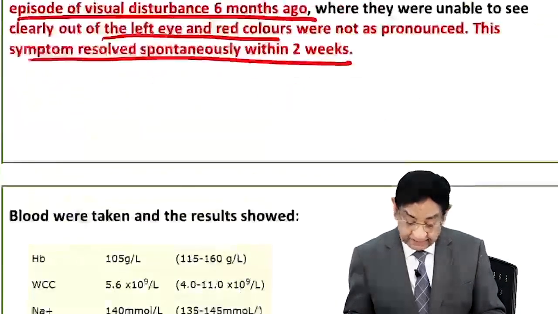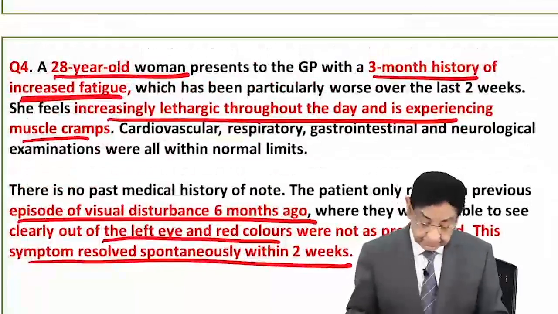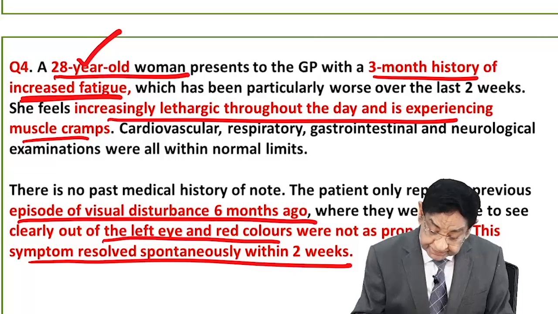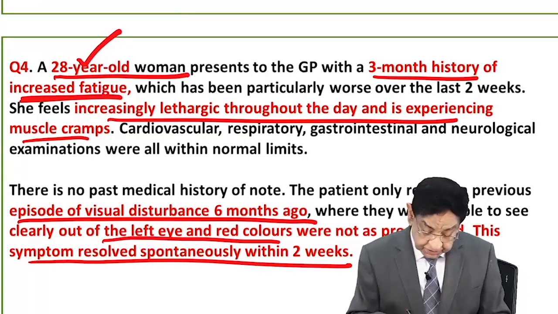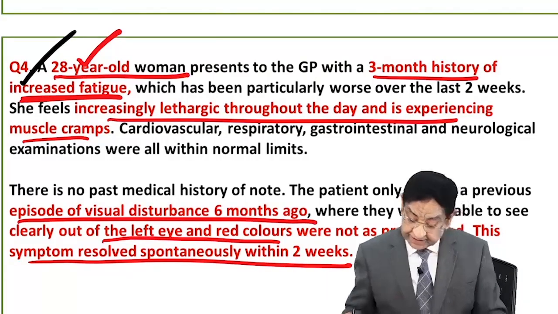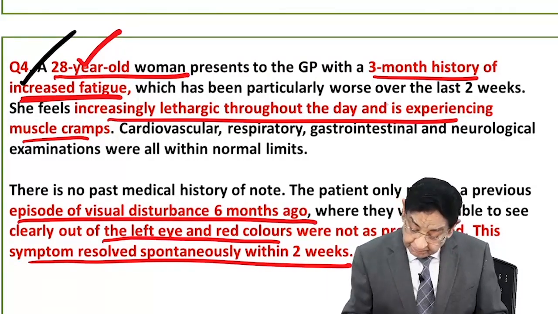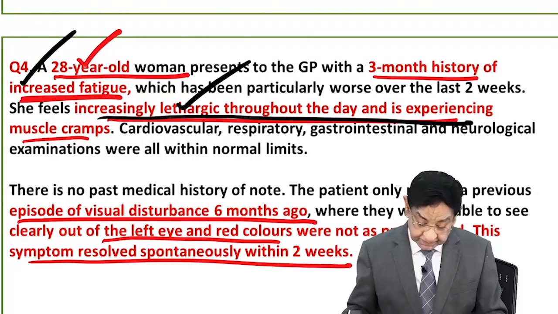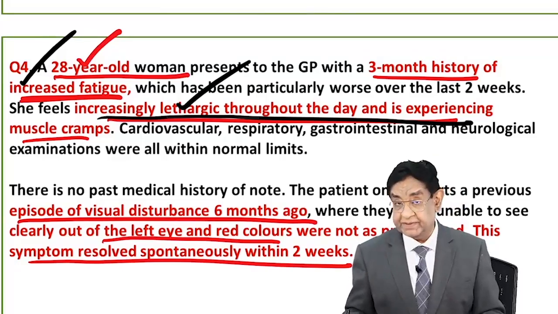So again we go back to the question. A 28-year-old lady, fair enough. 3 months history of increasing fatigue and increasing lethargy throughout the day, experiences muscle cramps also. Other systemic examination is normal.